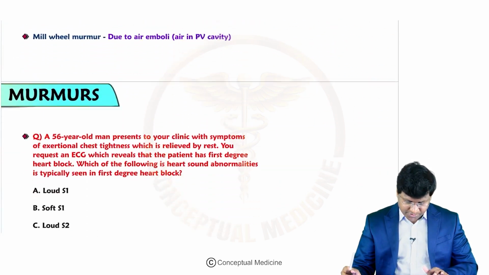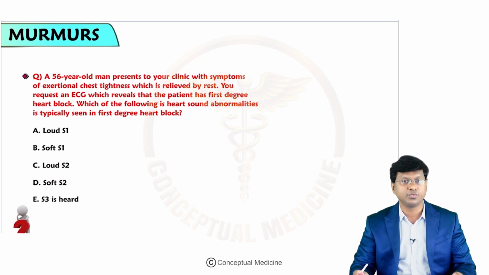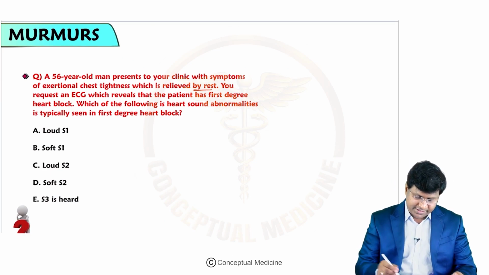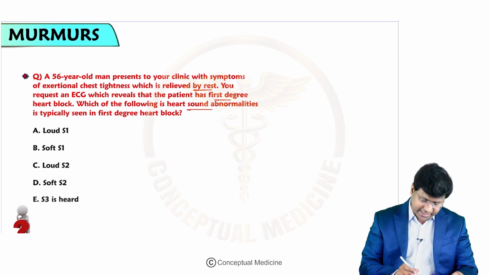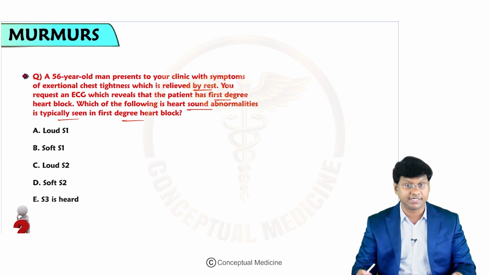Now, you see a clinical scenario: a 56-year-old man presents to your clinic with symptoms of exertional chest tightness which is relieved by rest. You request an ECG which reveals the patient had a first degree heart block. Which of the following heart sound abnormalities is typically seen in first degree heart block? The next topic I will be discussing is the heart sounds.